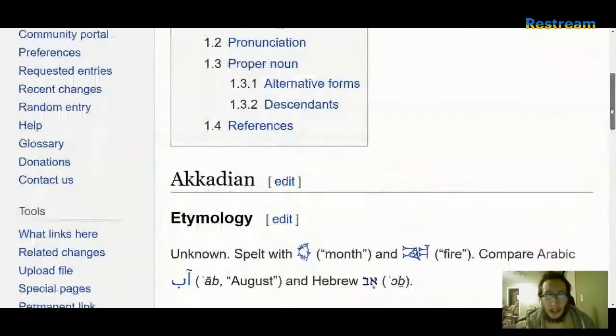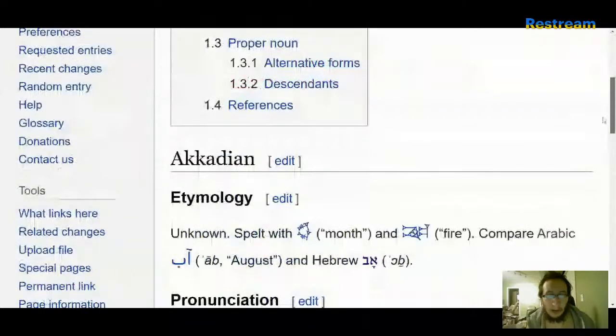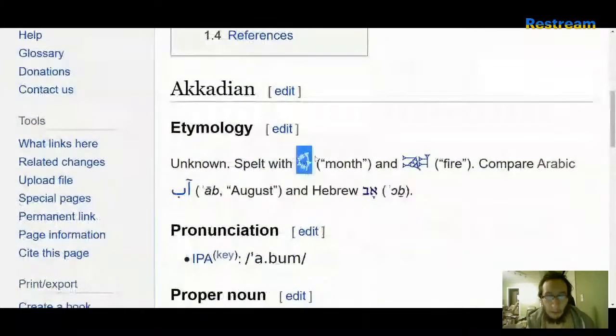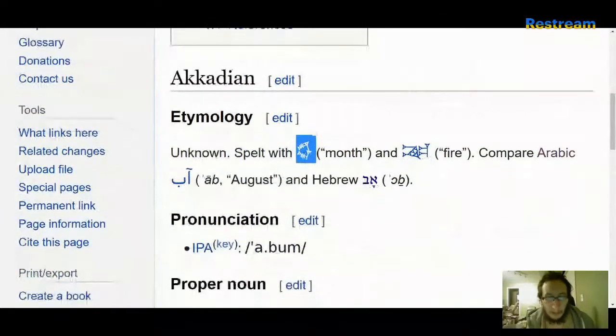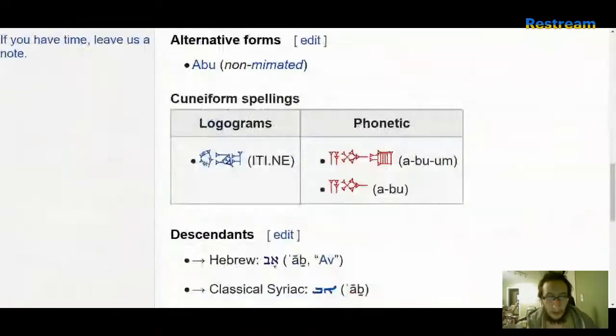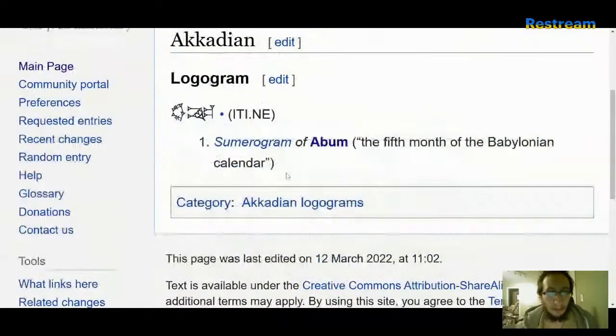Akkadian spells it with month, the word for month, and fire. So you could spell it this way, or this is the word way of saying it, and this is the phonetic way of saying it. So abu or abuum.